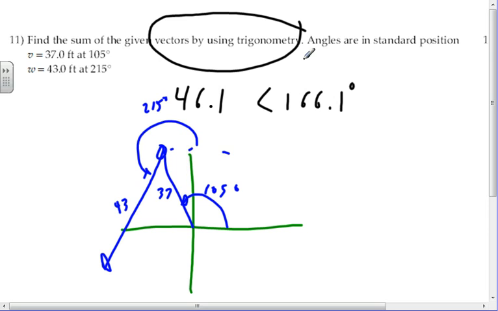So the first thing I would do is find this angle, and then once I found that angle, I'd use the law of cosines. So I'd put a construction line this way, and then I'd say, well, this transversal going like that, this angle has to be the same as that angle.